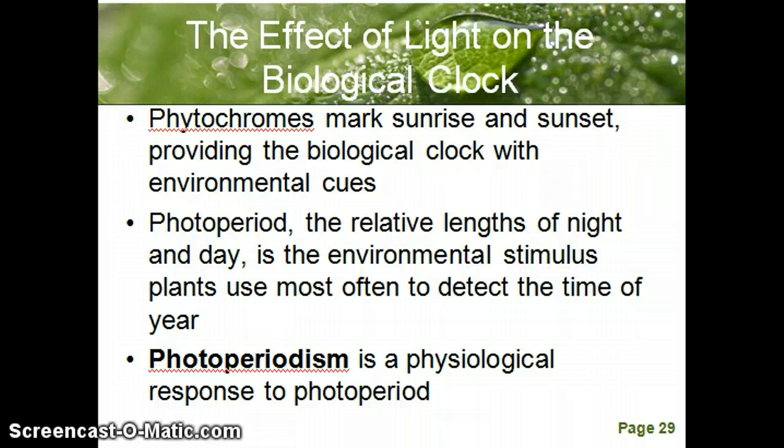A photoperiod is defined as the relative length of night and day. So the photoperiod acts as an environmental stimulus that plants are going to use most often to detect the time of the year as well, so the seasonal changes that we see in plants. Photoperiodism is a physiological response to a photoperiod.